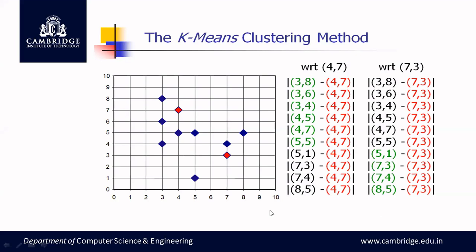When the distance is found out for each data point, it is evident that these 6 points belong to cluster 1 with the centroid value 4,7, whereas these 4 values belong to cluster 2 with the centroid 7,3.